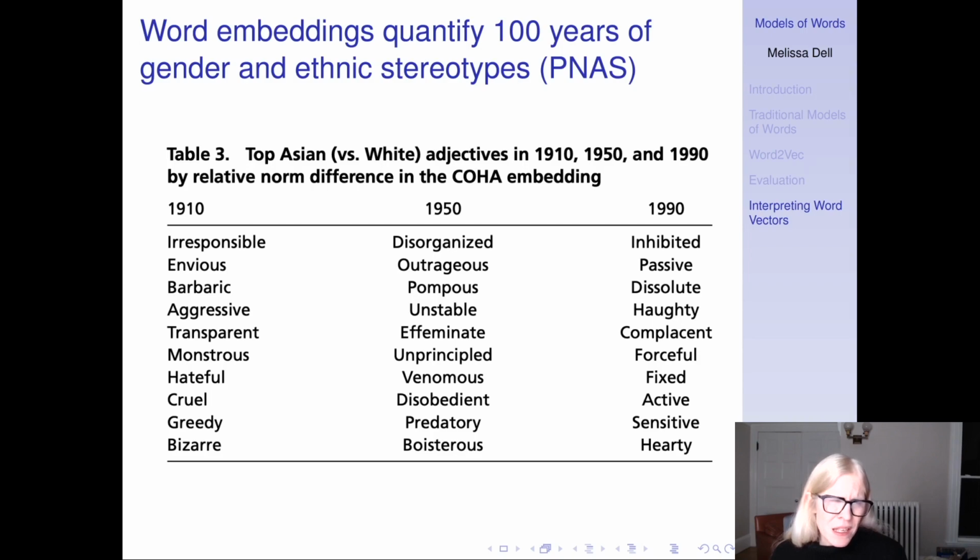And again, you see some pretty extreme stereotypes. So I thought this paper was a really interesting example of using word embeddings to look at things that economists would find inherently interesting. All right, and that is it for word embeddings.